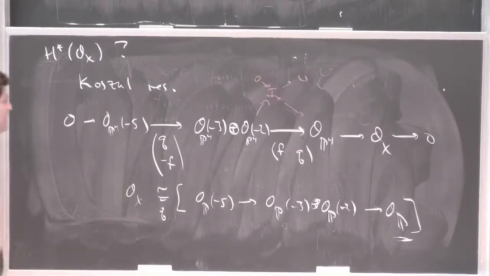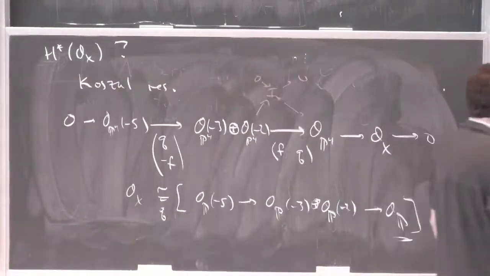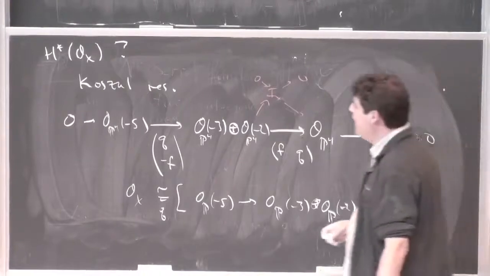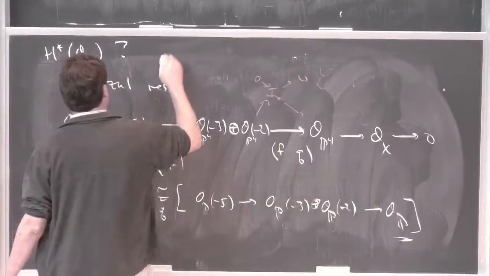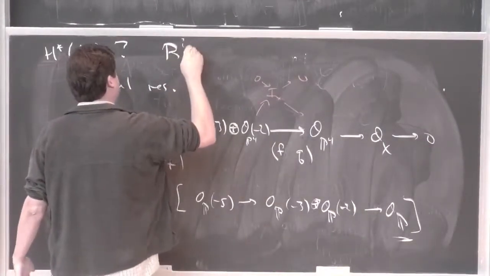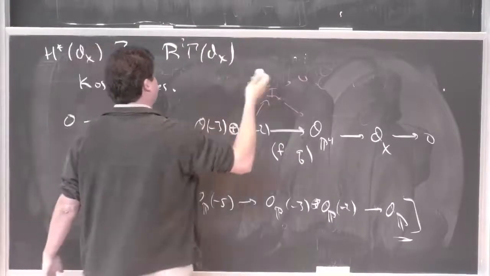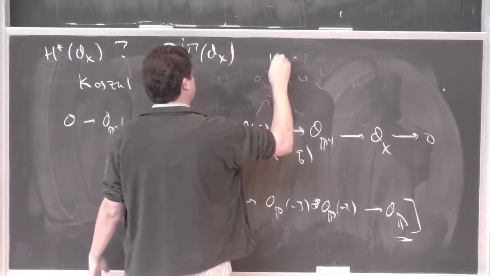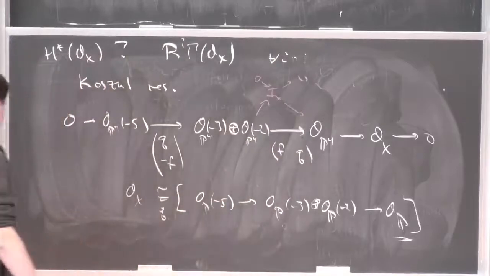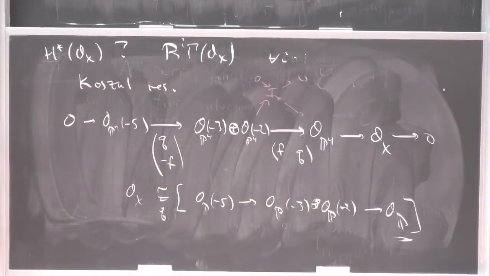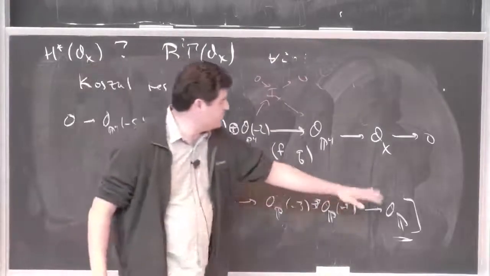And so I want to compute cohomology of OX, or in other words, R^i Gamma of OX for all i. And I know the cohomology of the terms of this spectral sequence.